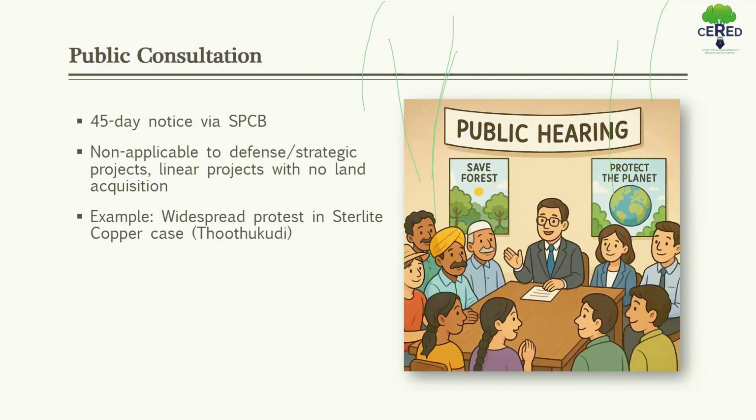Of course, not every project goes through this process. Strategic defense operations or road expansions without land acquisition are exempted from the public consultation or public hearing process, often due to the urgency of national interest. But for most major developments, public consultation ensures that progress does not silence people.